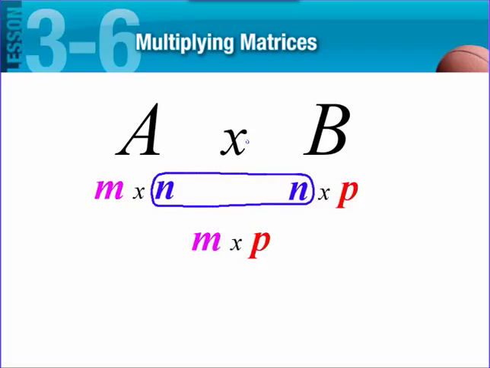So for example, if I had a 2 by 3, somebody give me a matrix that I could multiply it by. 3 by 4, good. And what would the answer matrix be? 2 by 4. So basically what ends up happening is you just get rid of these middle terms. They cancel out.